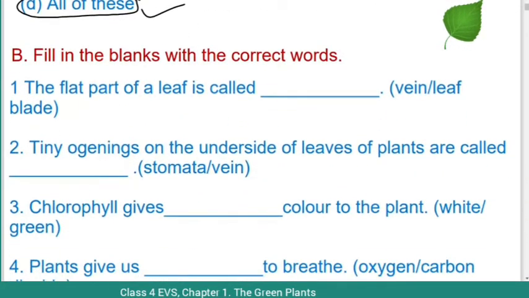Section B, fill in the blanks with the correct words. First one, the flat part of a leaf is called dash. Leaf blade. The flat part of a leaf is called leaf blade.